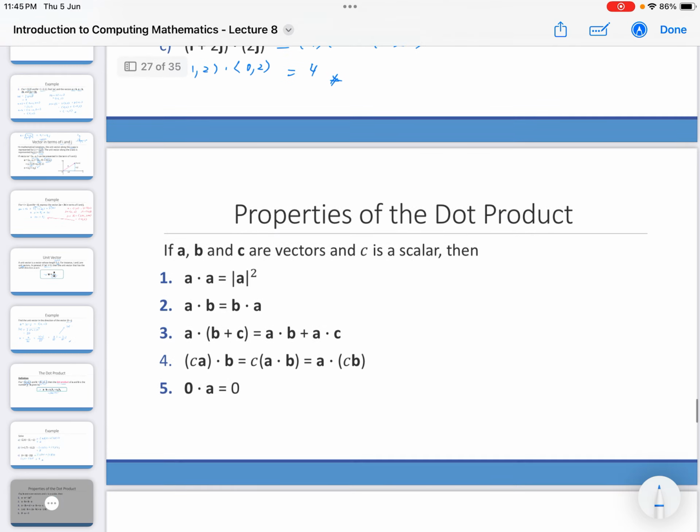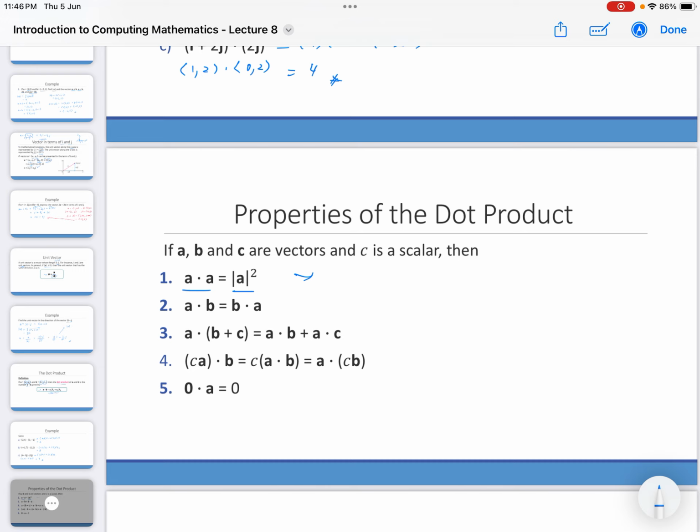Okay, these are properties of the dot product. The first one is, if A, B, C are vectors and c is a scalar or some constant, then A dot A is equal to the magnitude of A squared.